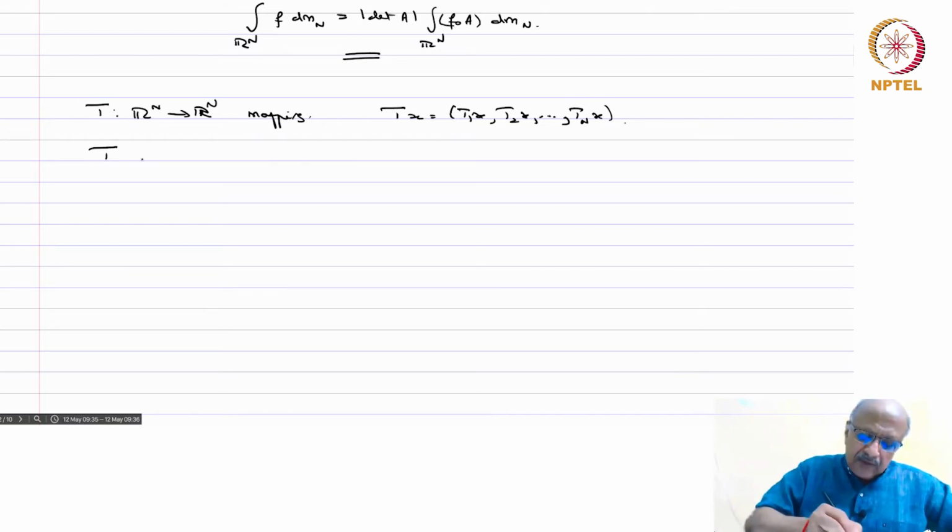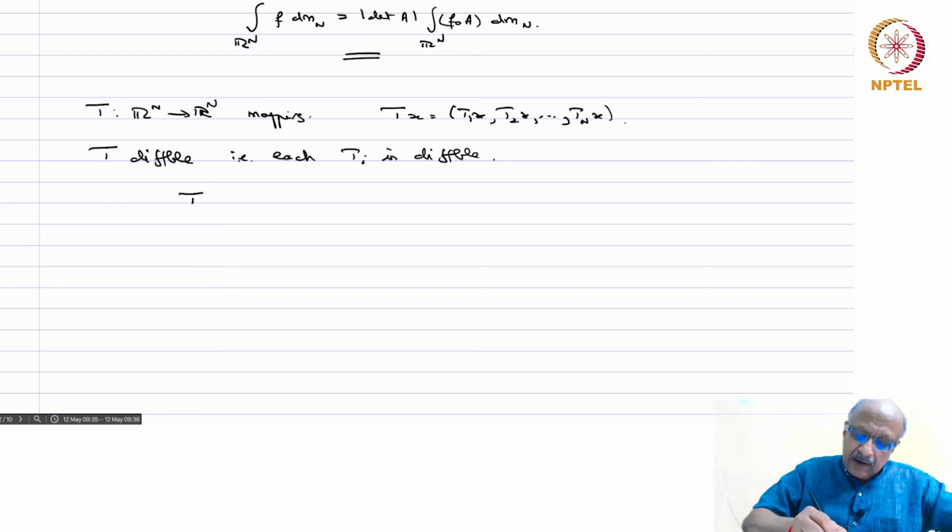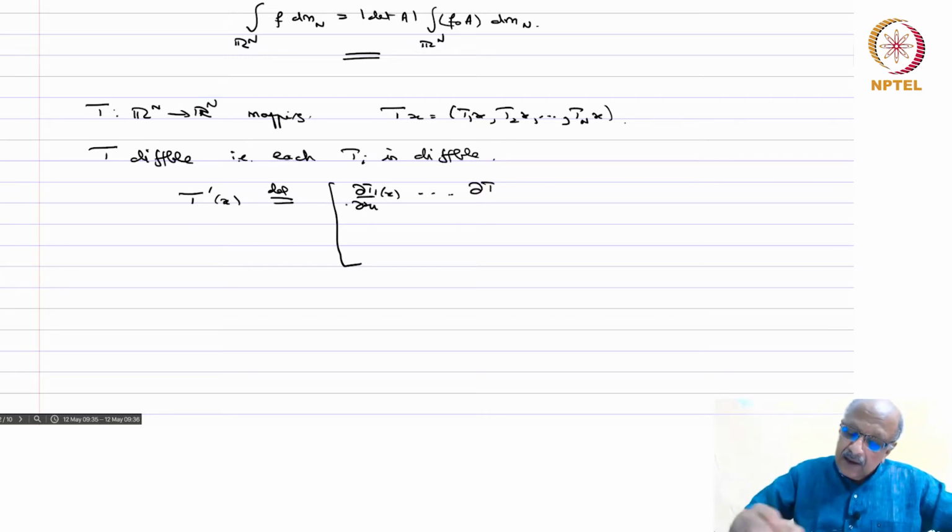Okay, so if T is differentiable, that is each Ti is differentiable, then we define T prime of x to be the matrix with entries dTi by dxj at x, that is, the first column is dT1 by dx1 at x through dTn by dx1 at x, and the last column is dT1 by dxn at x through dTn by dxn at x.